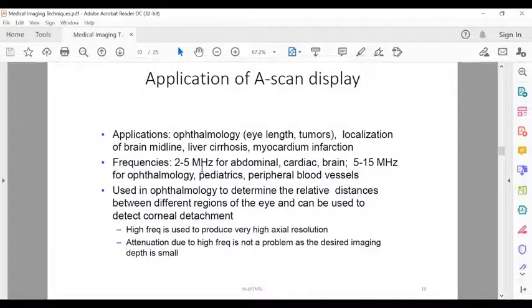Here the frequencies used are 2 to 5 megahertz for abdominal, cardiac, and brain, and for ophthalmology it will be 5 to 15 megahertz. It is used in ophthalmology to determine the relative distance between the different regions of the eye, and that can be used to detect corneal detachment.